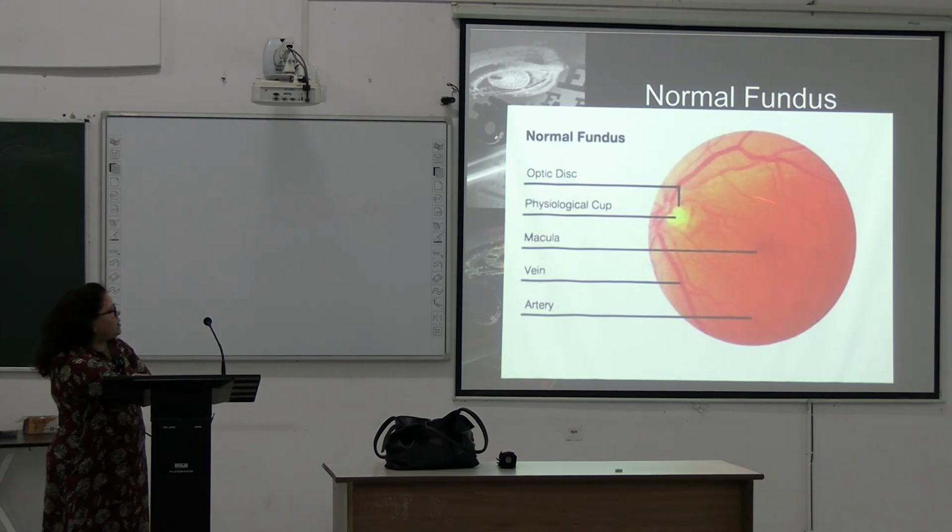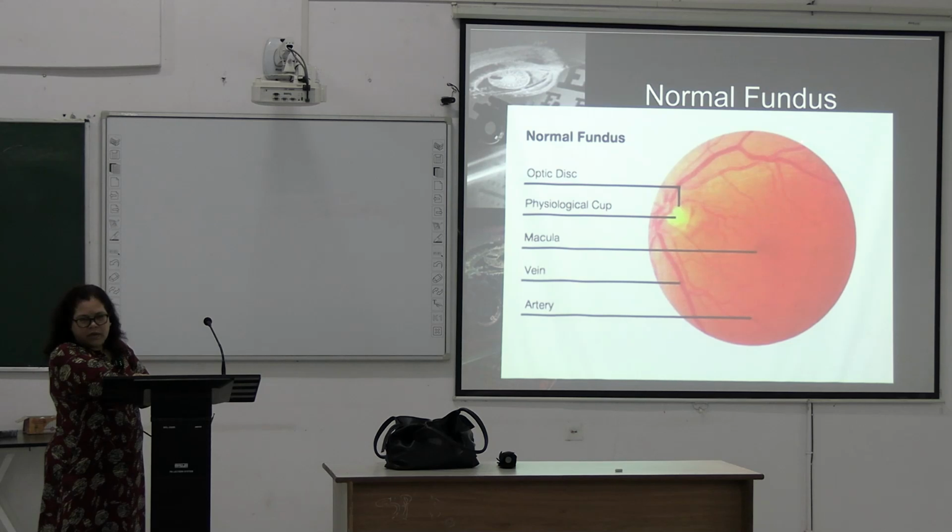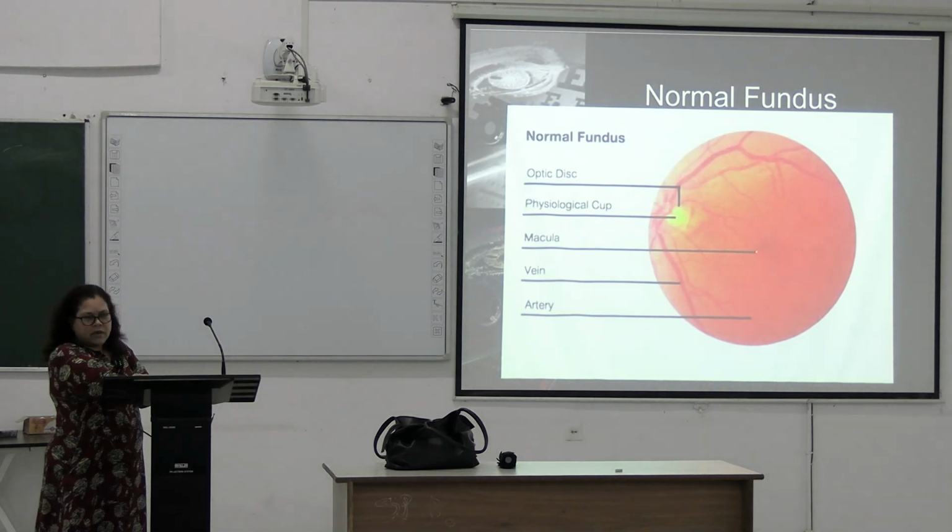And this glow is seen. This red part is the reflex of the choroid, but the innermost layer, the retina, is transparent, and we see the glow of the choroid through the retina.